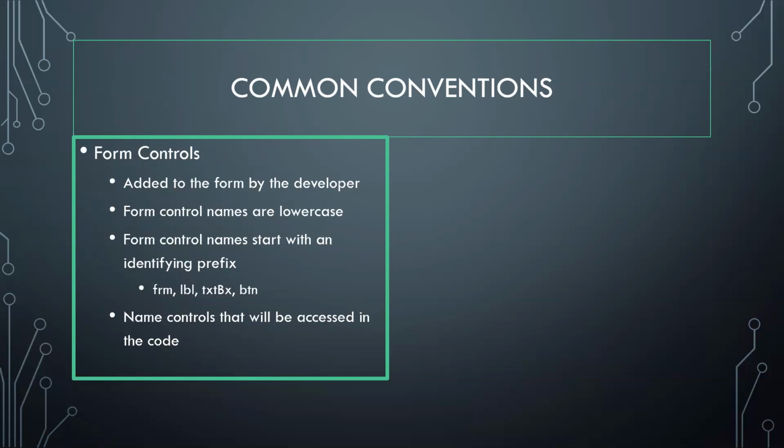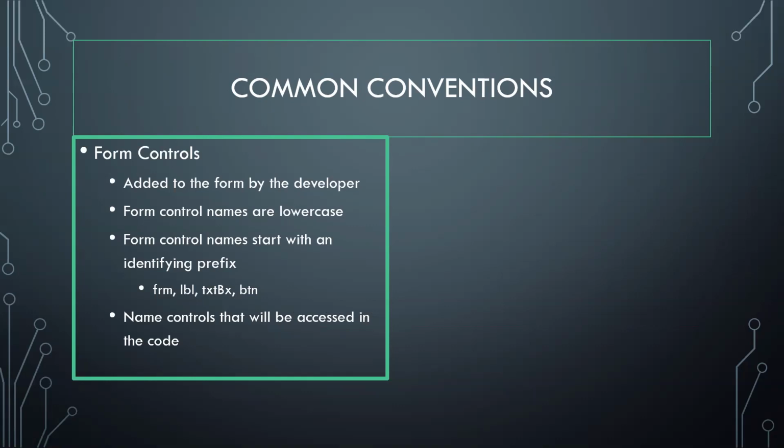Button will often be abbreviated BTN, label LBL, form FRM. So we see some common abbreviations. And as our C# coding conventions change, we'll see those being converted slowly to uppercase control names.